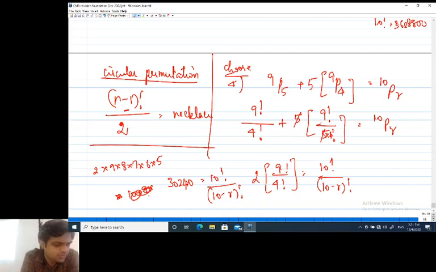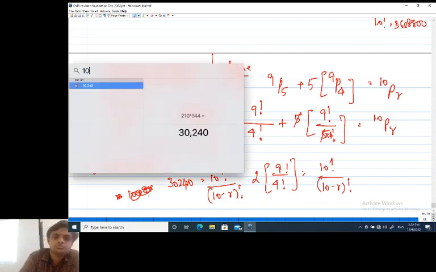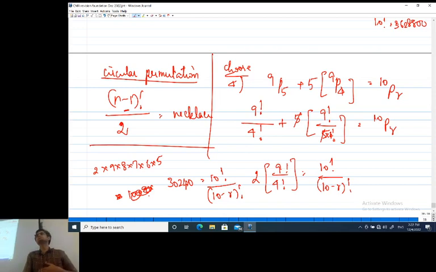Into 7 பண்ணீங்கன்னா 5040. 10 factorial by 6 factorial பண்ணீங்கன்னா 5040 அதுவும் கிடையாது. Into 6 பண்ணீங்கன்னா 30240. 10 into 9 into 8 into 7 into 6, so R will be 5. Go via option testing. That's easier. So when R is 5 only, the RHS will be equal to LHS. Hence proved.